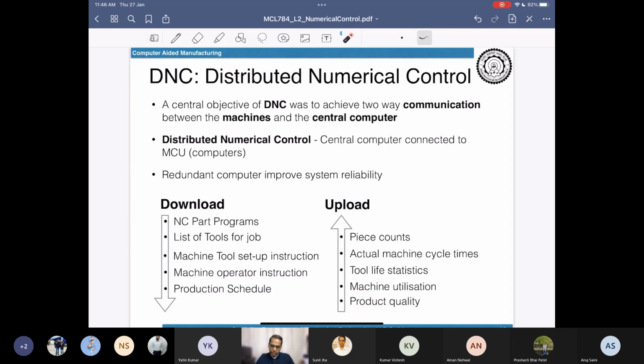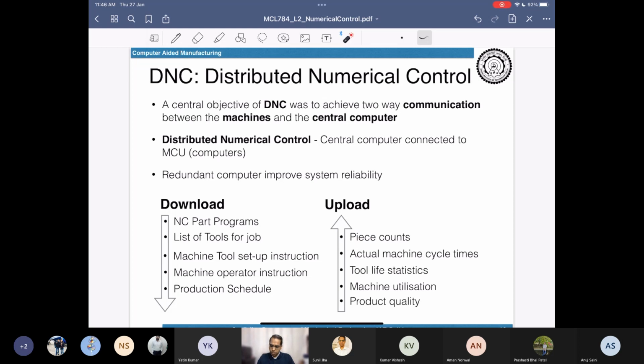So with the help of distributed numerical control, your individual machines have their own computer to execute the basic motion requirement, the basic logic part, and the basic program editing functions. Apart from that, they are also responsible for communicating with another server or the bigger mainframe computer, through which you will be exchanging data two-way.